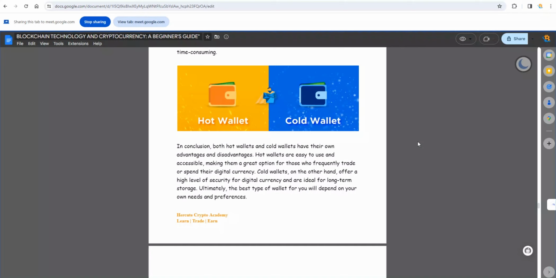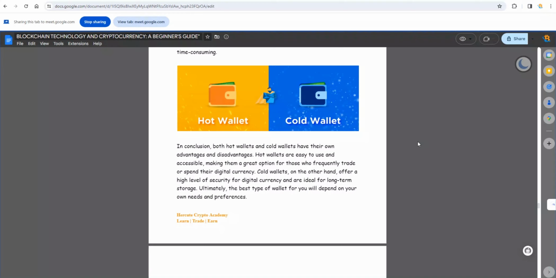Now, in conclusion, both hot wallets and cold wallets have their own advantages and disadvantages. Hot wallets are easy to use and accessible, making them a great option for those who frequently trade or spend their digital currency. And cold wallets, on the other hand, offer a high level of security for digital currency and are ideal for long-term storage.